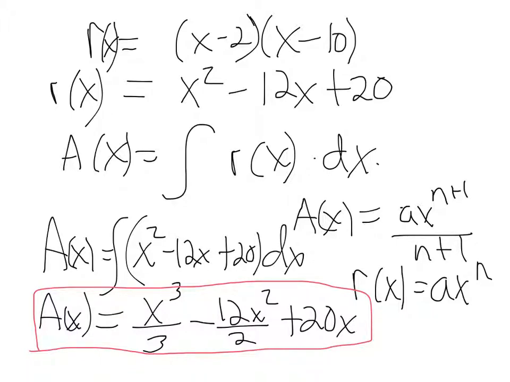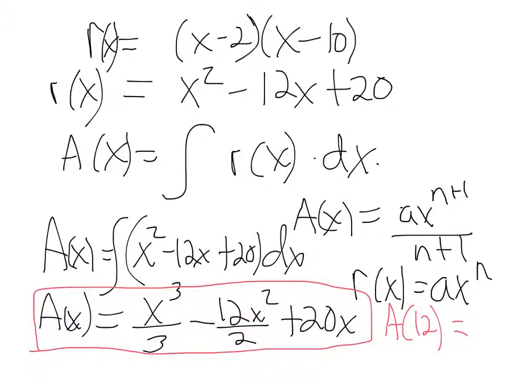And then what we wanted to do is determine, and I'll just do this really quickly so we don't have to go on to another page, what I need to do is to evaluate that. So I need to figure out A at 12 because it said in the first 12 hours. So at 0 hours it would work out to 0 because our y-intercept is 0. So I just figured accumulation at 12 by substituting in 12.